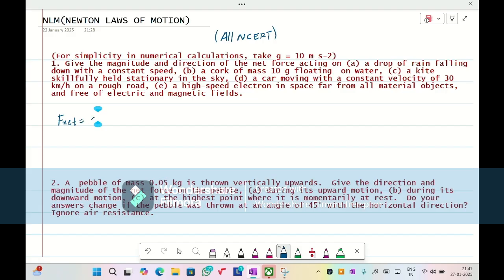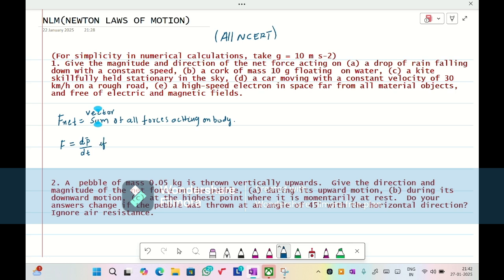Net force is defined as the vector sum of all forces acting on a body. And here, F net, according to Newton's second law, the force acting on the body is equal to the rate of change of momentum, dp by dt.